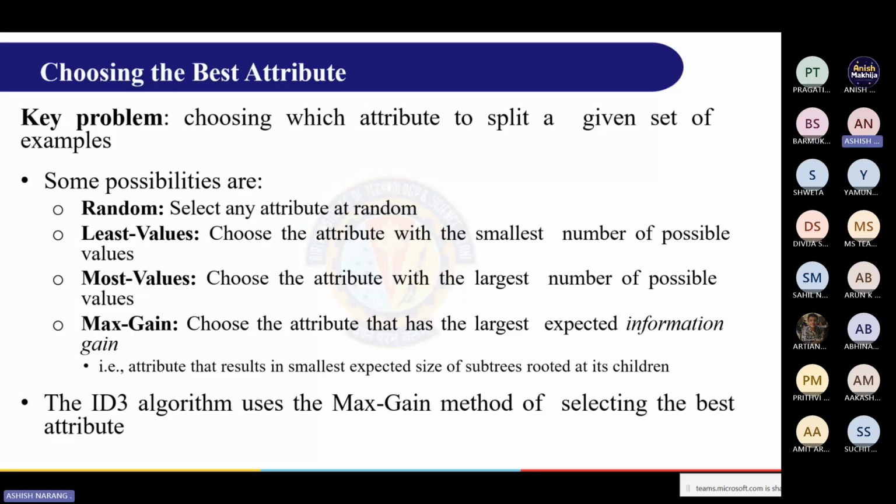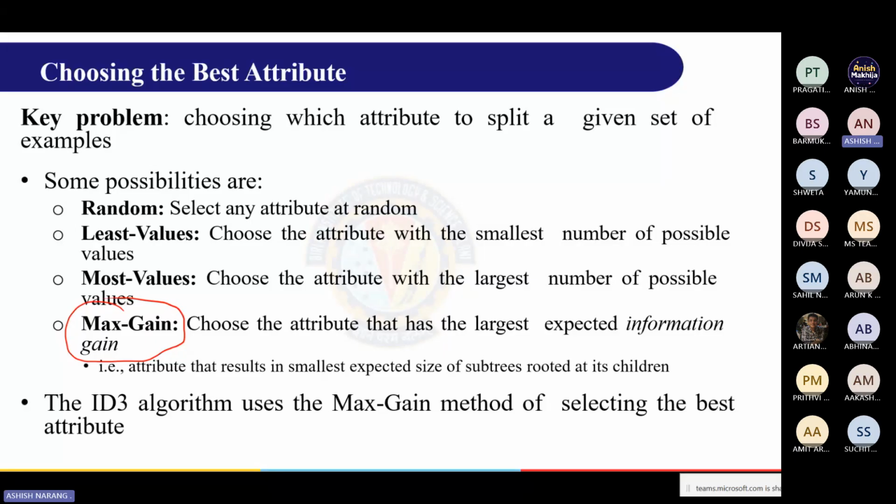What is an important thing we should keep in mind is the max gain aspect. This is what will help us. Whatever we said, I want to go towards pure partitions. How can I mathematically prove that this particular attribute will take me towards more pure partitions than any other attribute in the data set?